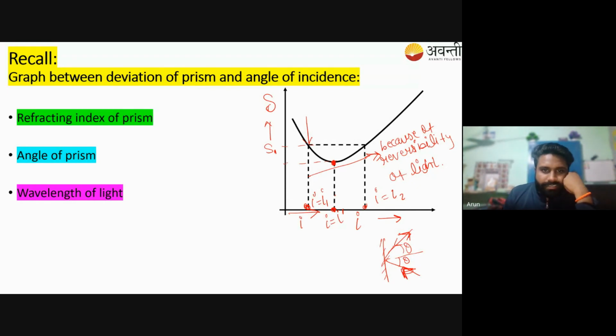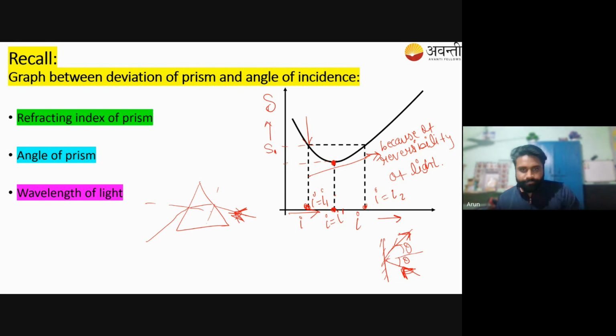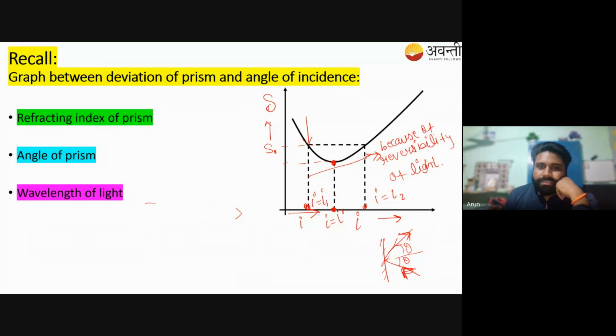So if you have a prism and you draw an incident ray on it, and you just reverse the direction by keeping the angle and the prism the same, you will have the same amount of deviation, because the path of the light will not change. This is because of the principle of reversibility of light.